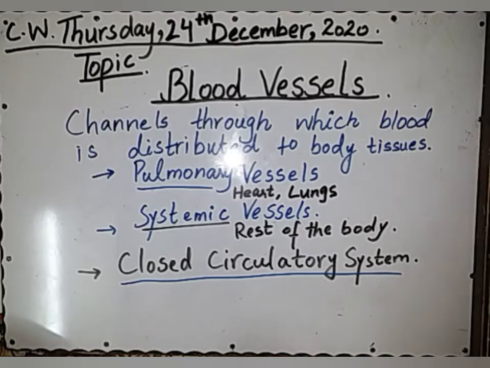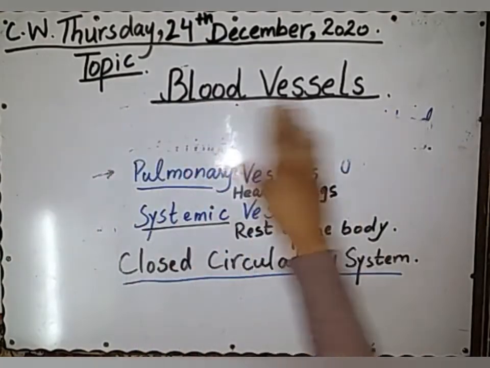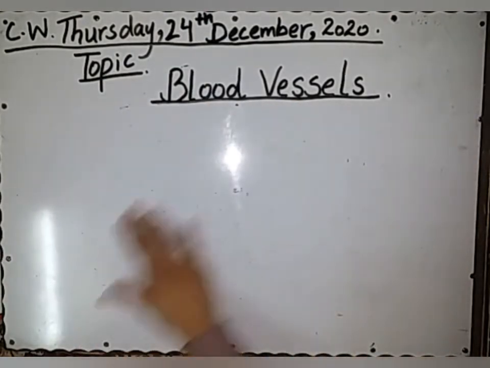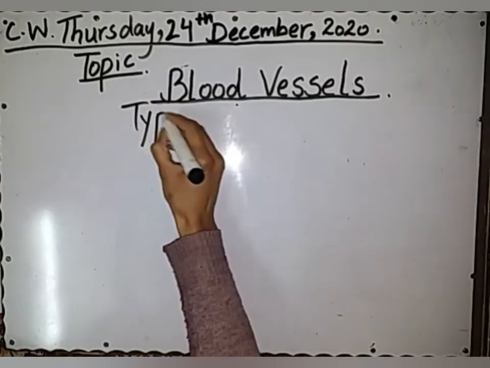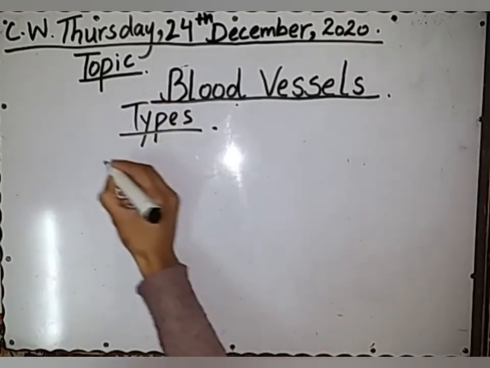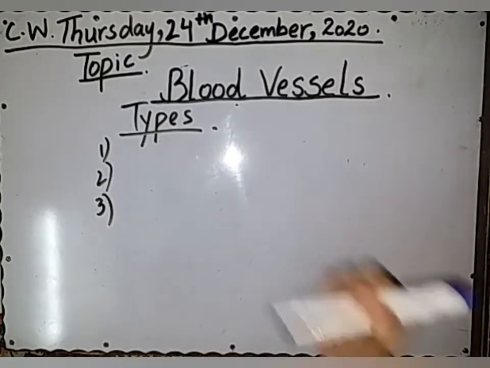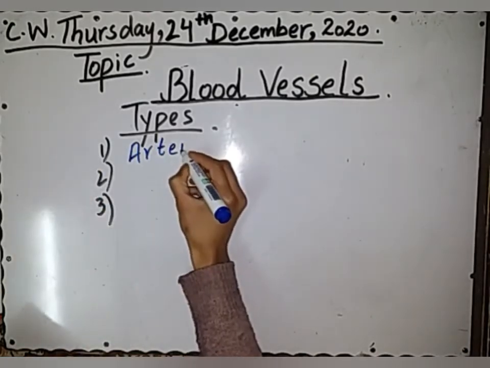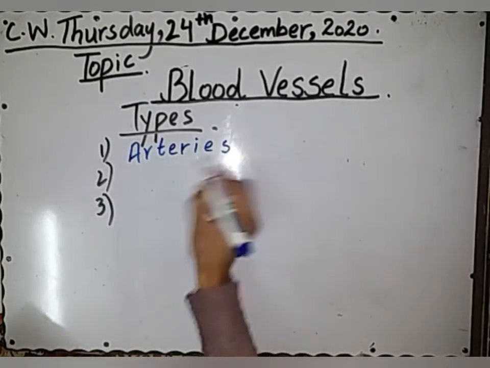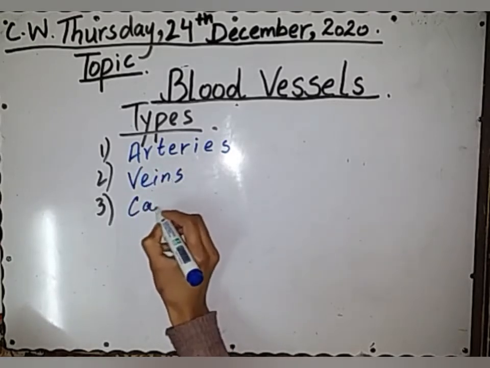Now, students, let us describe the types of blood vessels. How many types of blood vessels are there? We have three types of blood vessels, namely arteries, veins and capillaries.